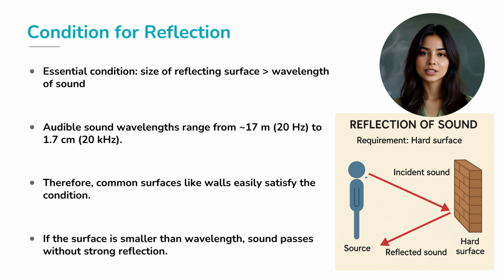That's why everyday surfaces like walls or boards easily reflect sound, because they're much larger than these wavelengths. So the takeaway: small objects don't reflect sound effectively. Your notebook won't act like a sound mirror, but a wall will.